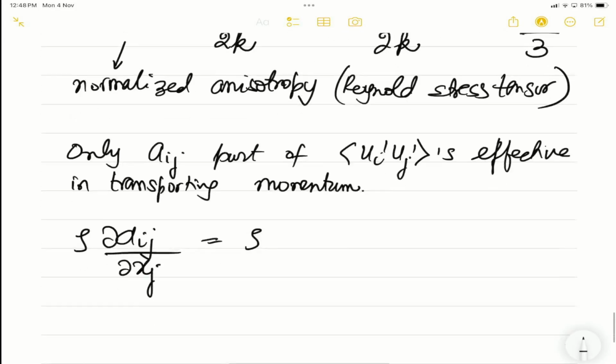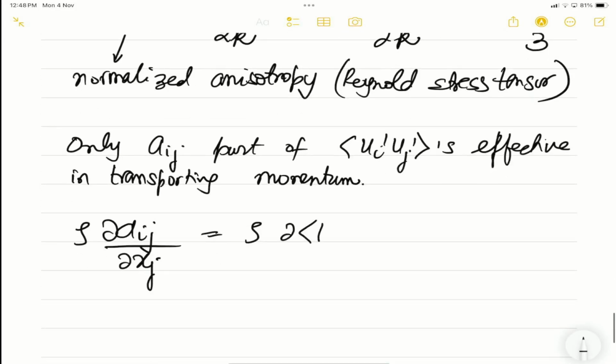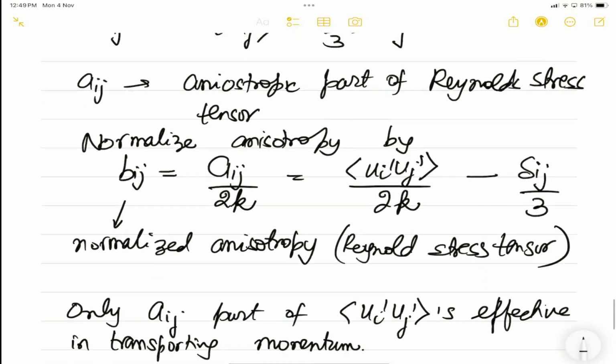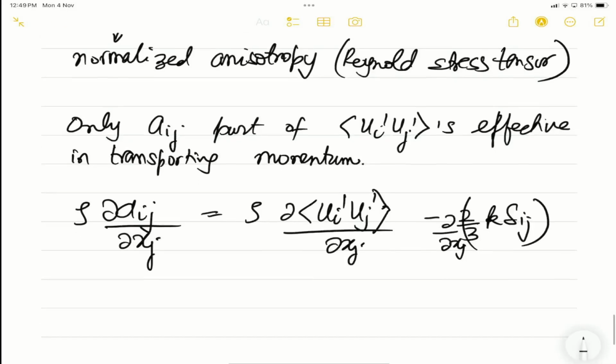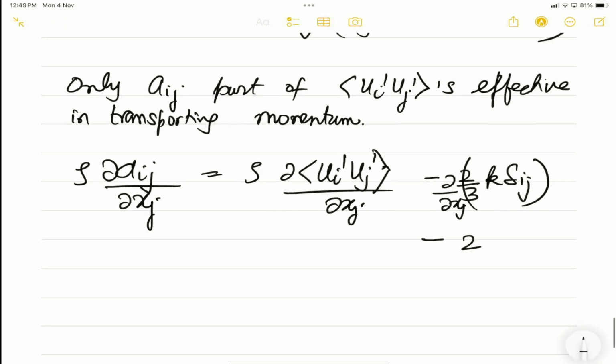equal to rho times the partial by partial xj of ui prime uj prime, and minus d by dxj of 2/3 k delta ij. So this will become minus 2/3 d by dxi of k.